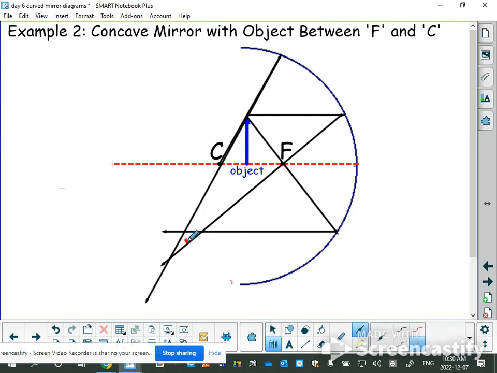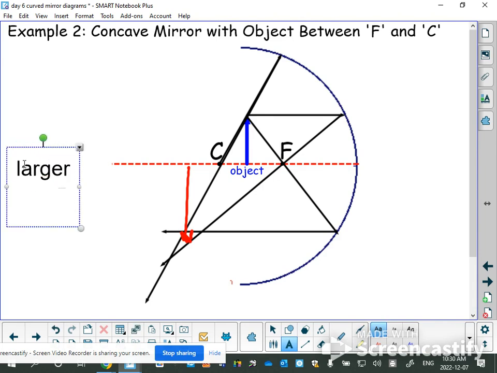This should be the top of my arrow. Again, it's below the principal axis. So that means I'm going to have an inverted or upside down image. Again, I can describe my characteristics. In this case, it's larger, most definitely. It is inverted because it's upside down, below the principal axis.